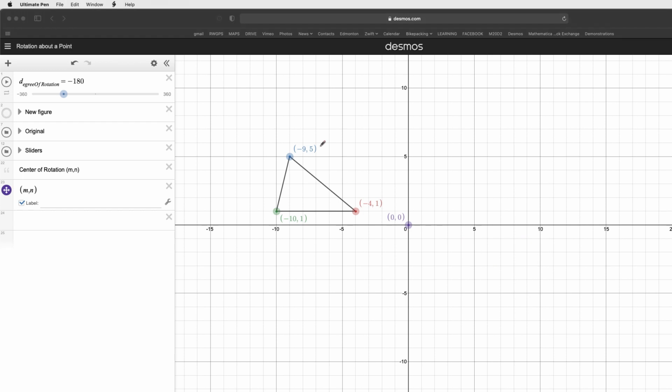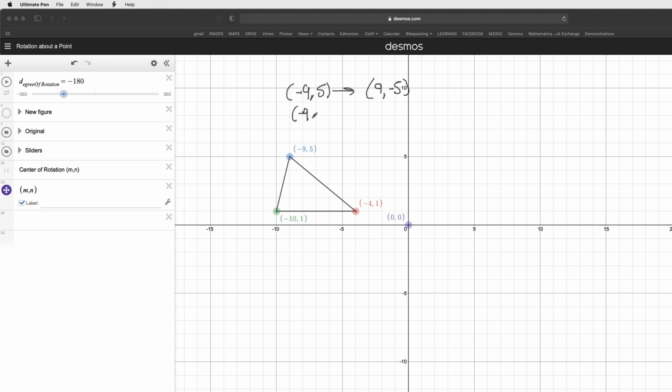So let's see if we can figure out where the new one will be located. If it's negative 9, 5, my pattern seems to say that I'm going to change this to positive 9 and negative 5. So the same numbers, but we just change the sign to the opposite.